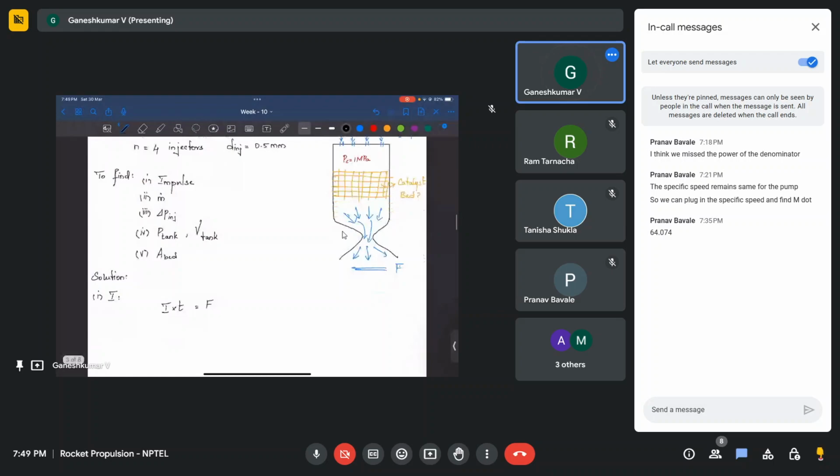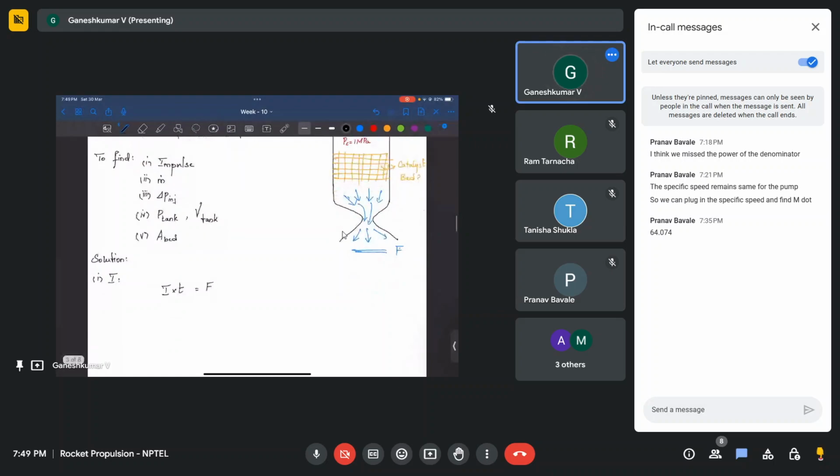So if that is the case, you can write F by T. Impulse is nothing but change of momentum, right? And force is nothing but rate of change of momentum.